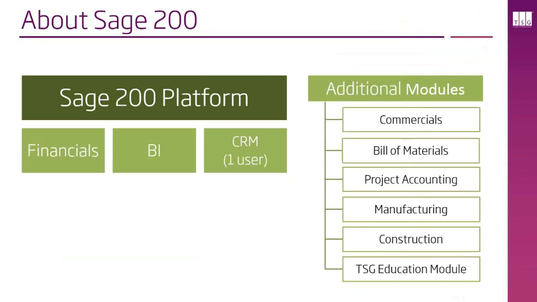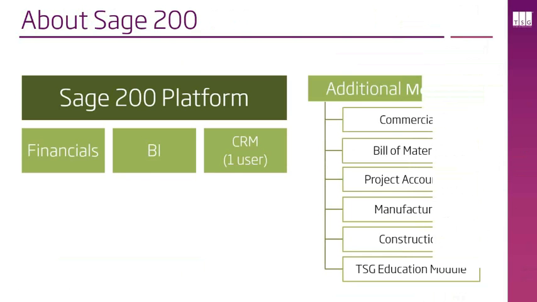And then we've got a module for the construction industry, so this again is contract costing, but with functionality specific to that industry in terms of things like applications for payment, CIS controls, and those sorts of things. And then finally, we at TSG have developed our own education module specifically for the schools market, which we do a lot of and are just about to relaunch.